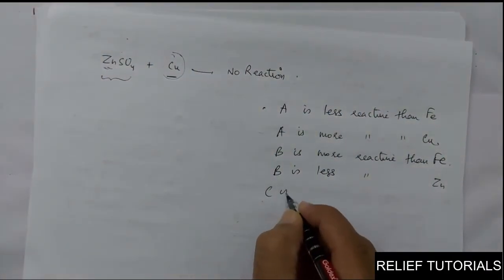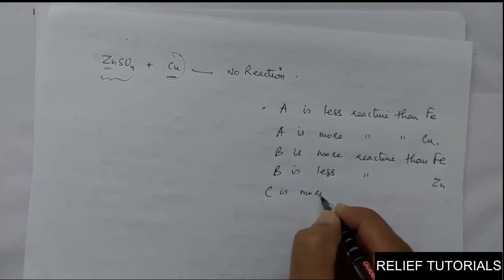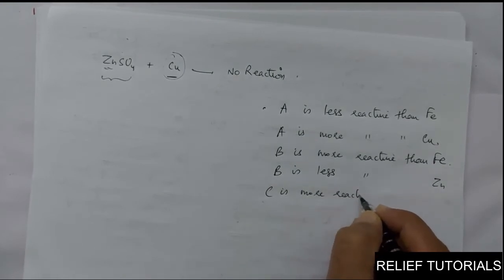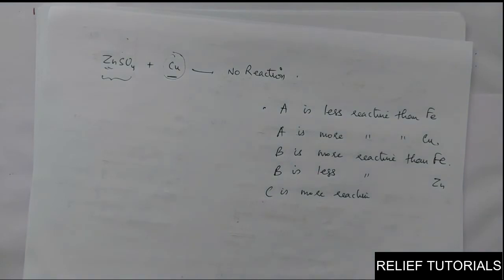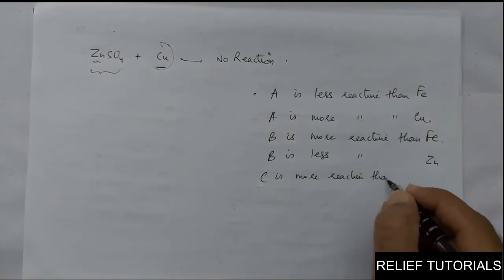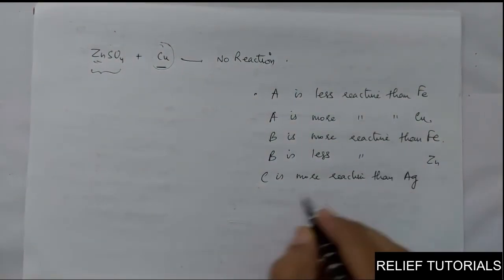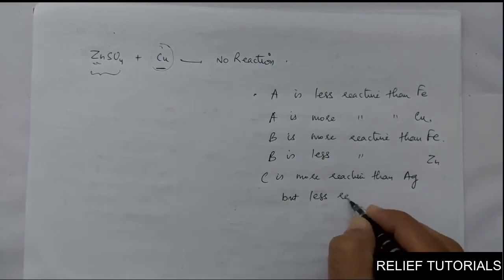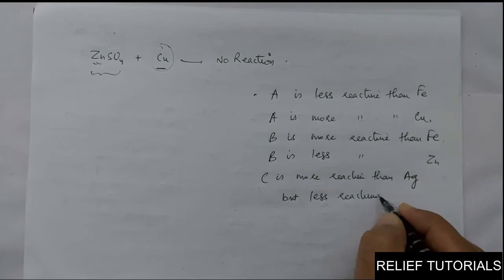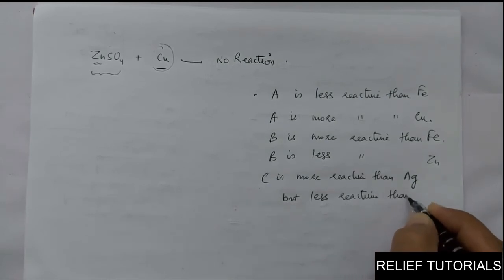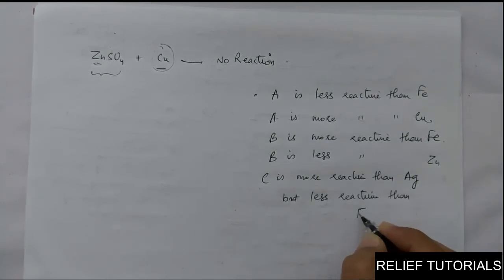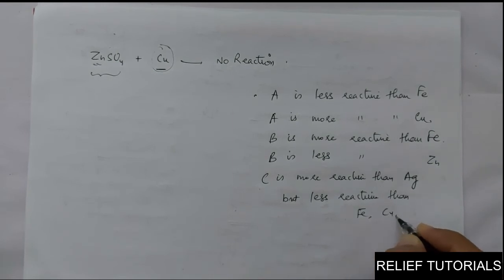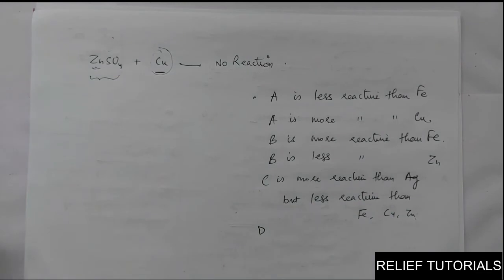So C is more reactive than silver but less reactive than iron, copper and zinc.